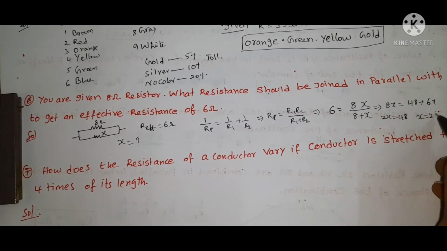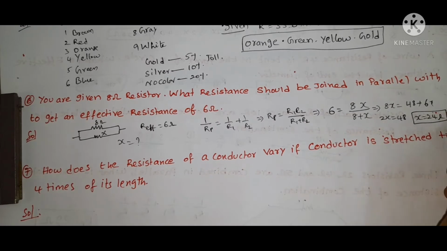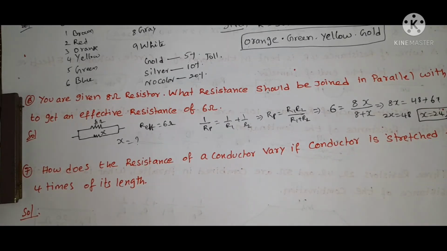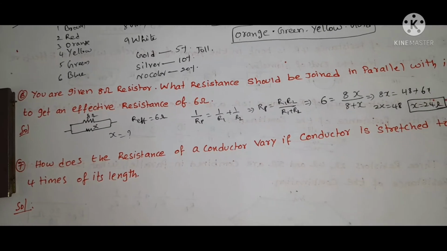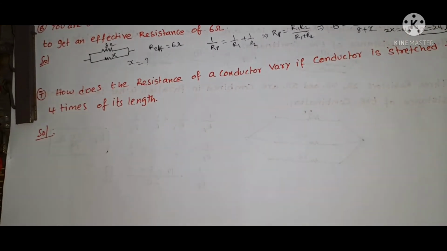Therefore x is equal to 24 ohms. So if 24 ohms is connected in parallel to the 8 ohm resistance, you will get the effective value 6 ohms. That's all.